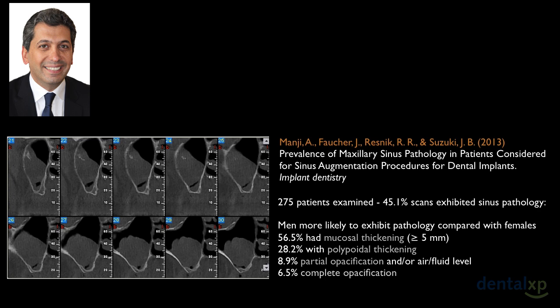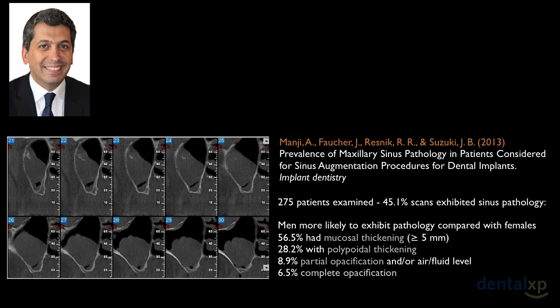In 56% of patients, there was a mucosal thickening superior to 5 millimeters, and in some instances, this may be considered pathological. There was 28% polypoidal thickening, almost 9% partial opacification and/or the presence of an air and fluid level, and 6.5% complete fill or opacification of the sinus.